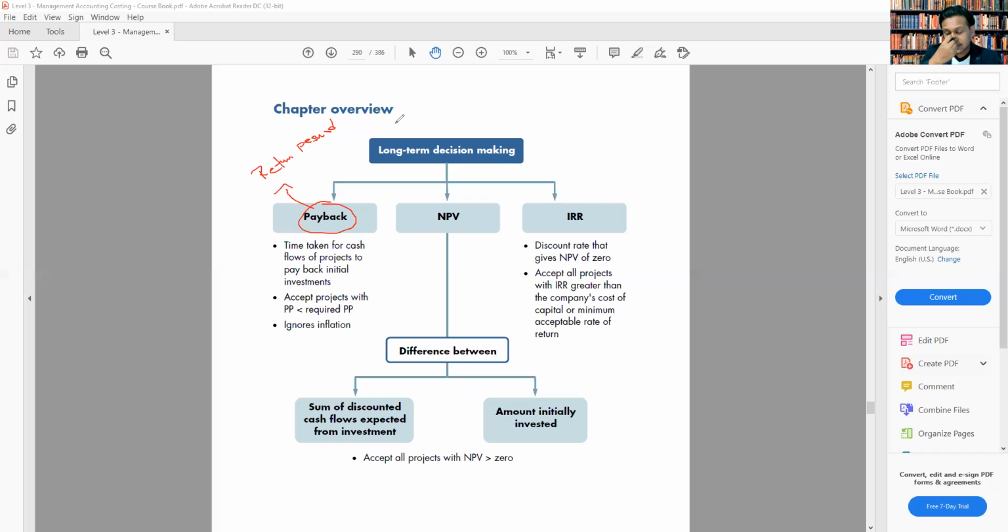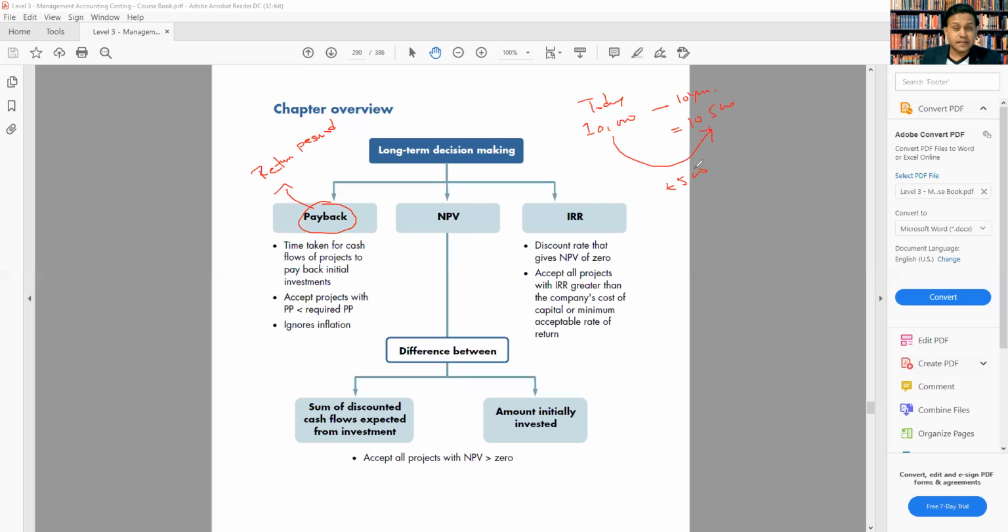Let's say someone says, give me £10,000 today, and I'll give you 10,500 after 10 years. Now it looks like you're getting 500 extra.